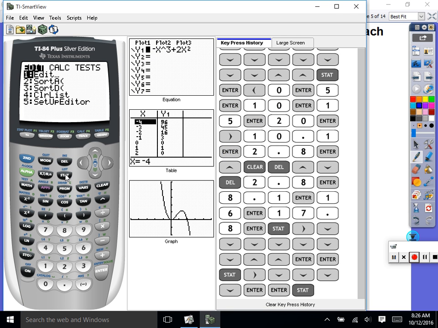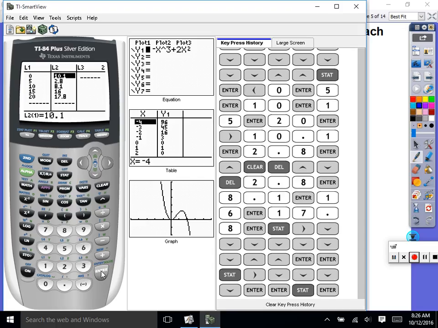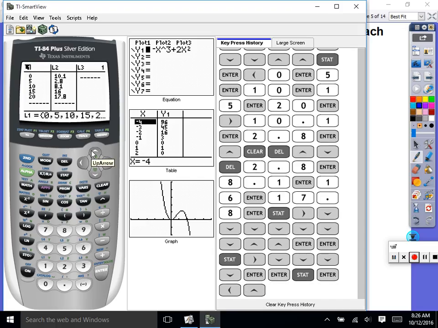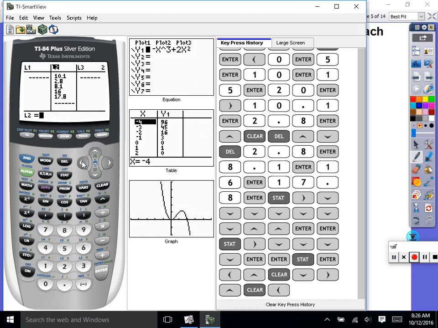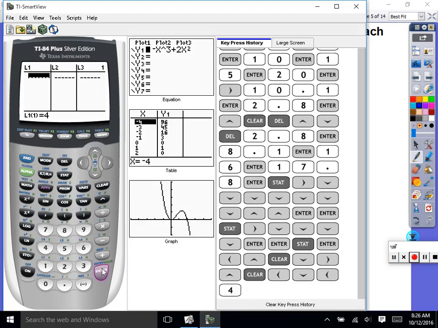So we're going to stat, right? Edit. I'm going to go up here and clear out my list, not delete. That would be bad. Clear, and then you have to scroll down for it to actually clear. Okay, in list 1, we had the points 4, and what was the other x point? -3. You guys have this on your paper. We're doing a problem off the worksheet.